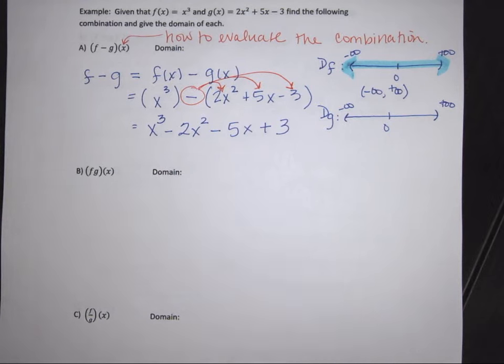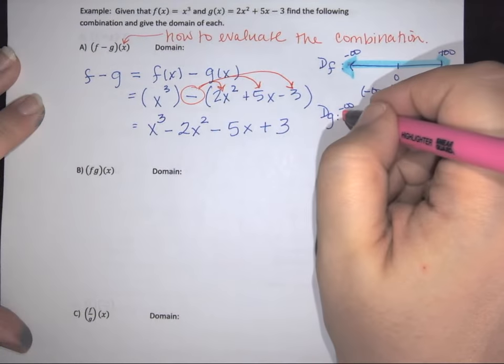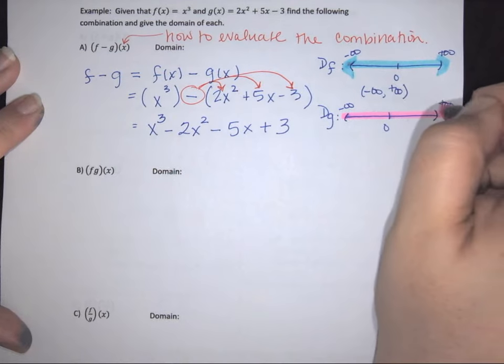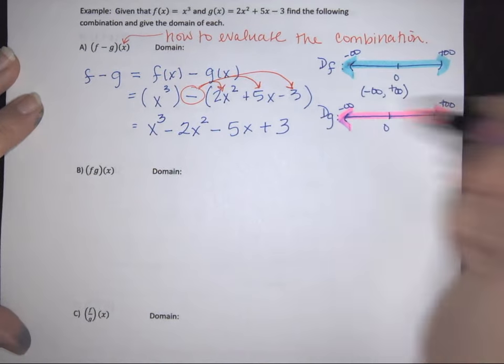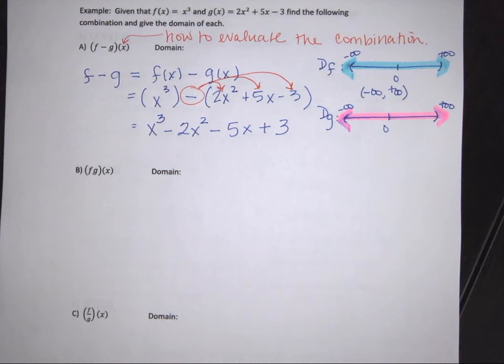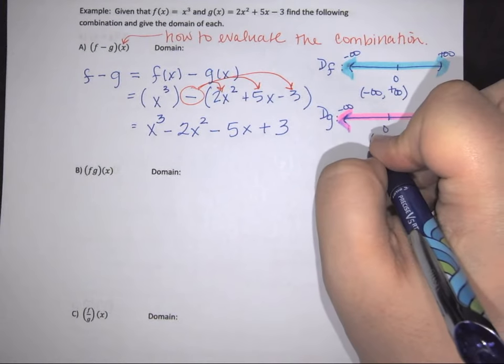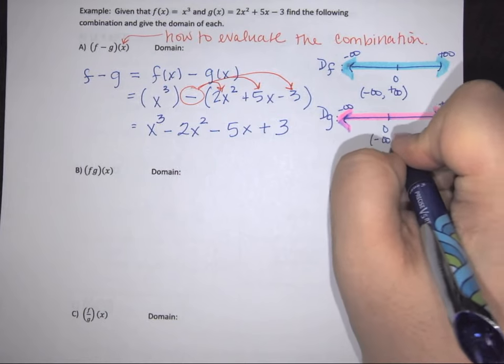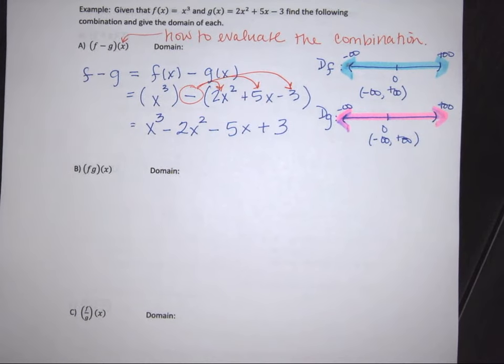What do we know about quadratics? It doesn't matter what your x value is, you'll always get something out. So it is going to be all real numbers from negative infinity to positive infinity. When I look at my overlap, I am looking at where these two number lines coincide with each other. Well, they overlap everywhere.